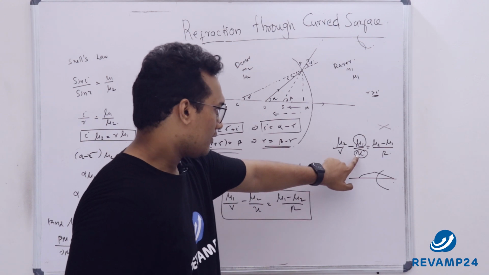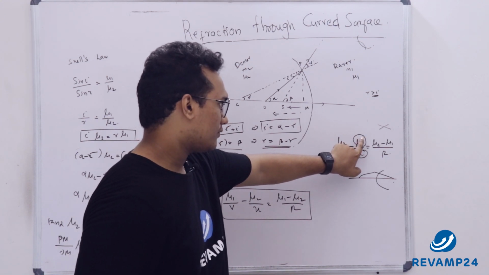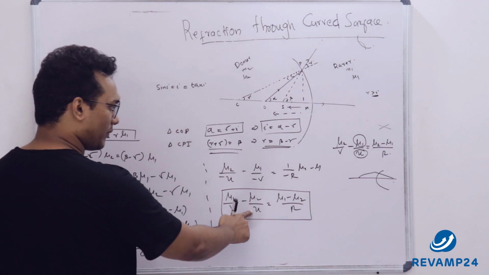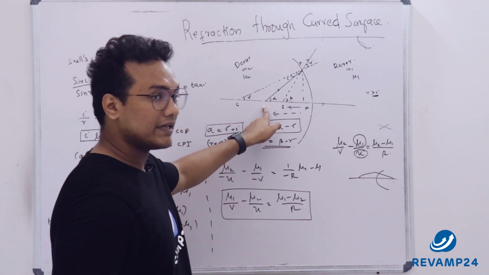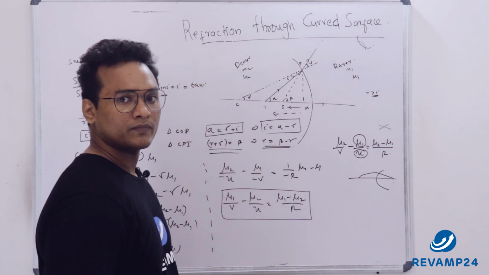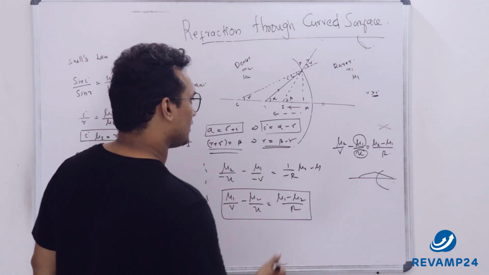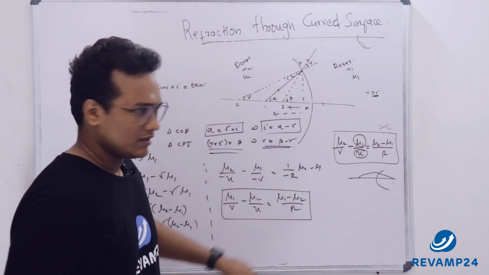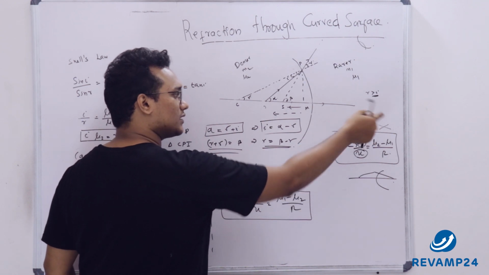So anyway, with U I have my rarer medium. Here with U I have my denser medium. The reason is I kept my object at the denser medium itself here. Or I can simply get the equation. If you know this equation, you don't actually need to derive this. Just replace mu 2 with mu 1.